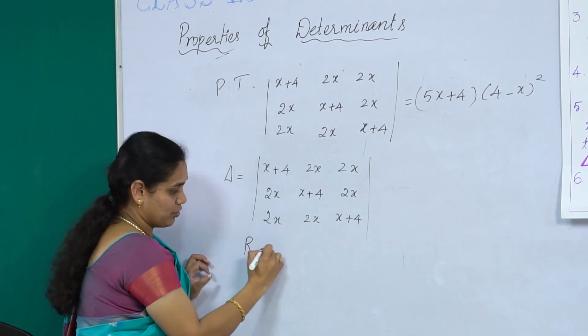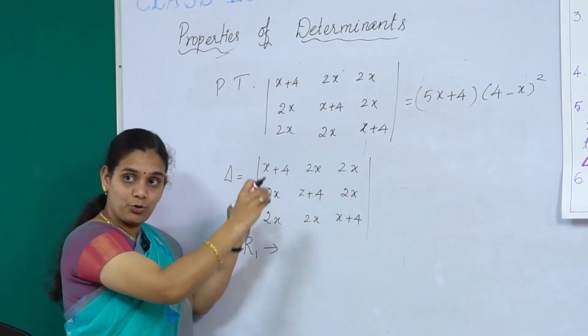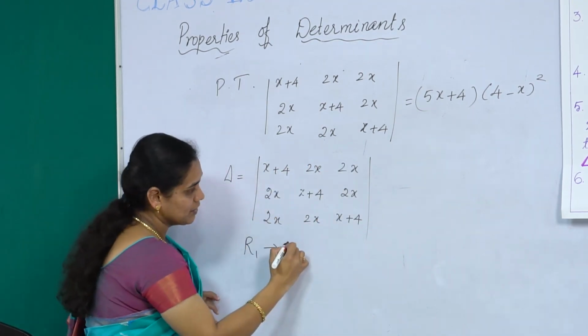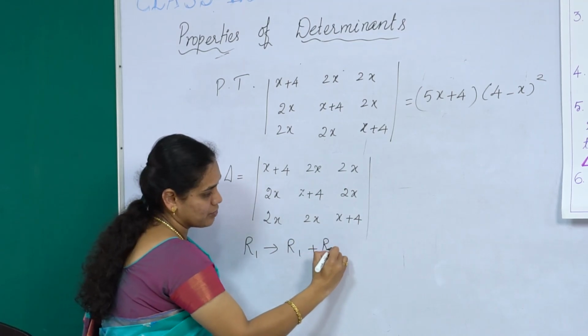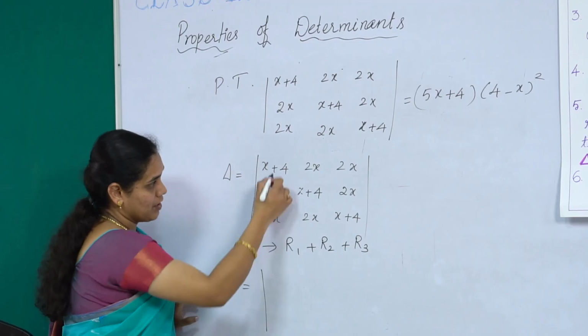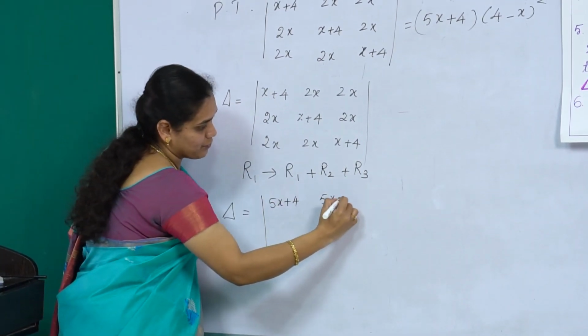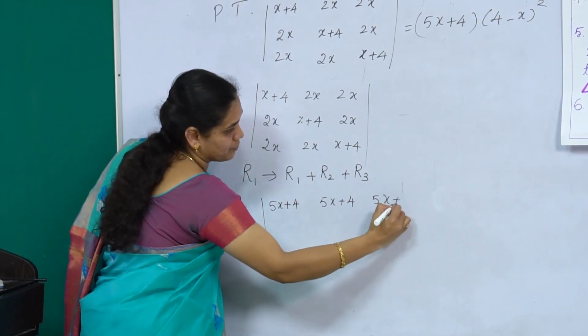So let me do it along the row. Then even here, we get 5x plus 4 as a common element. So R1 plus R2 plus R3. If you add these 3, you get 5x plus 4, and this is 5x plus 4, and this is 5x plus 4.